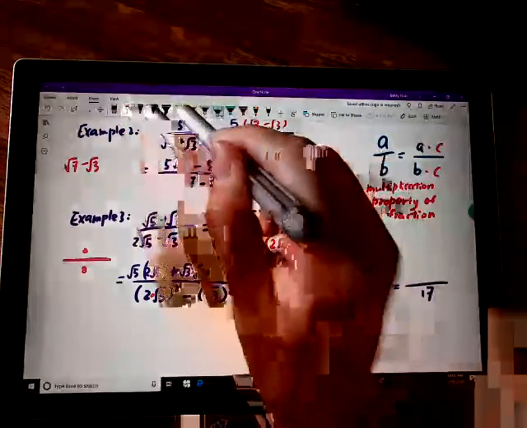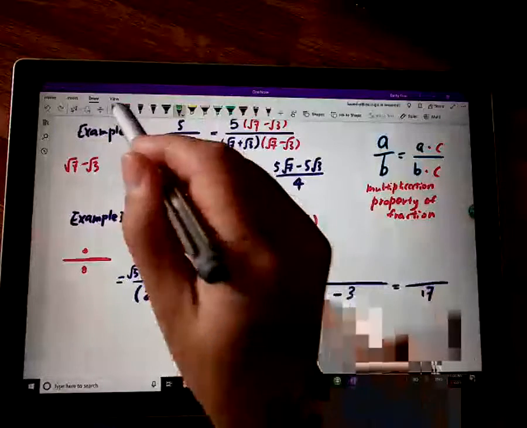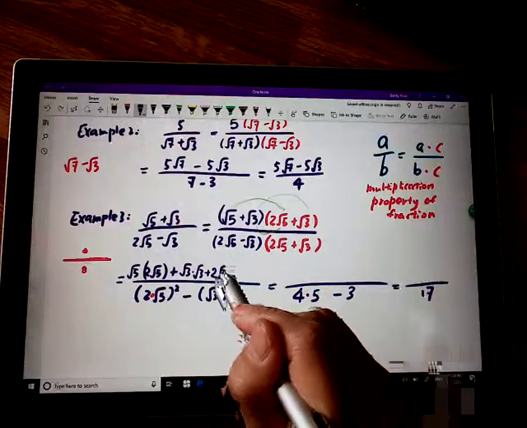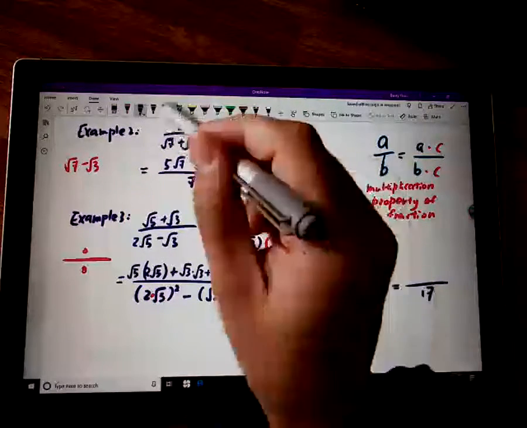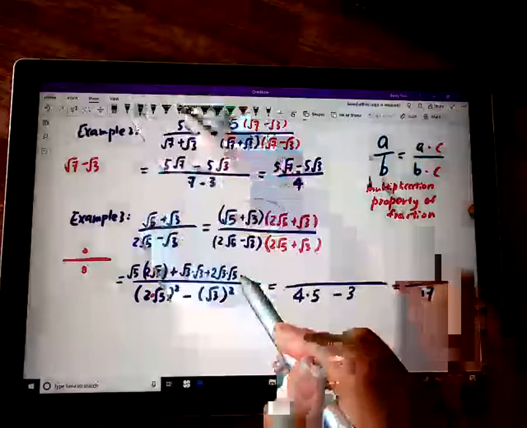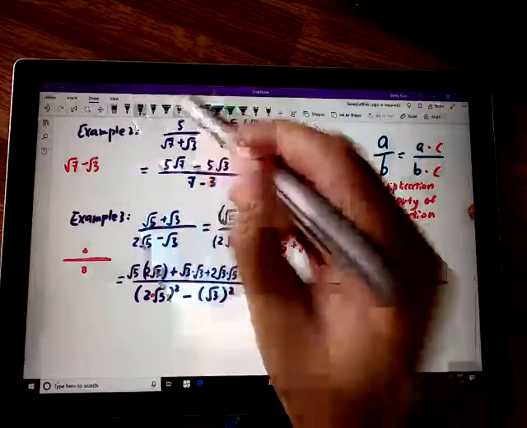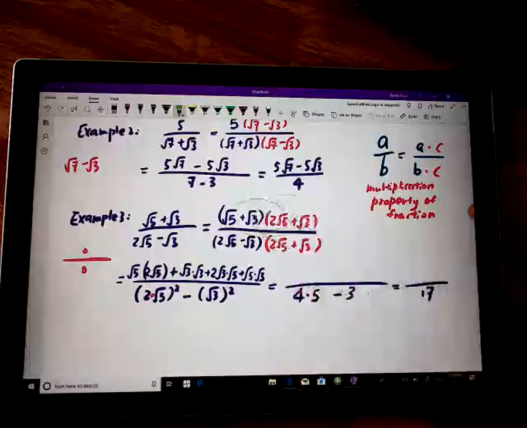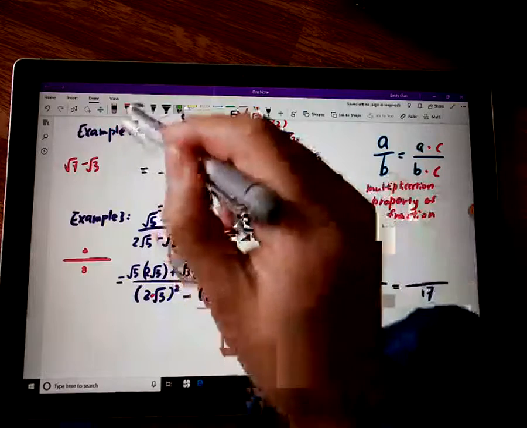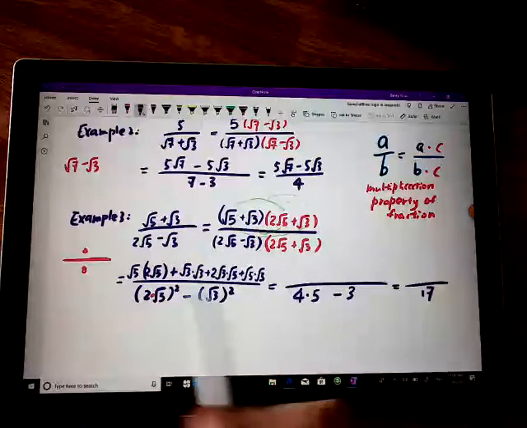The mouth of George, which is 2 times root 3 times root 5. And the chin of George, root 5 times root 3. So you can see that George is smiling at you here, right? Same for you. Either way works. You can just apply whatever you feel comfortable with.